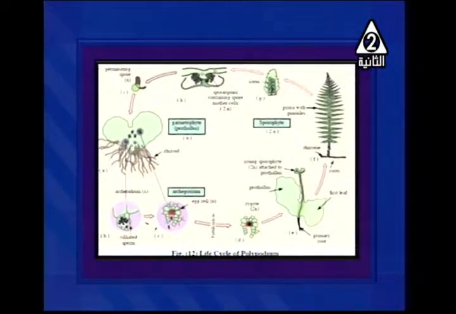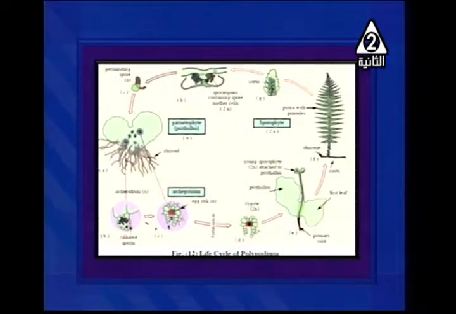The male genital organ is called antheridium, plural antheridia, and the female one is called archegonium, plural archegonia. The antheridia produce ciliated sperms swimming in soil water, reaching the archegonia, and after fertilization, they form a zygote which carries the full genetic material. After that, it forms new individuals with complete root, stem and leaves. This is the life cycle of polypodium.